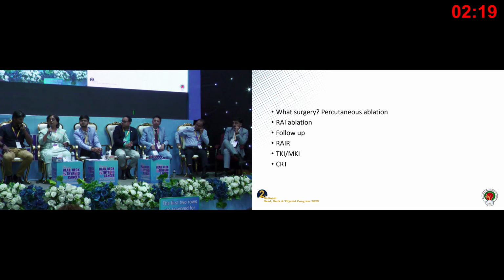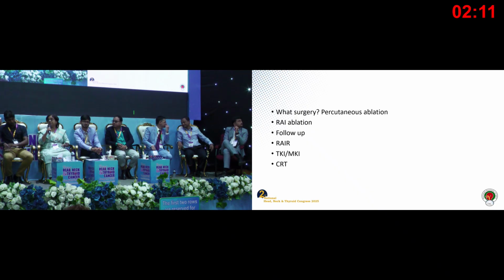RAS, or RET. Yes, RAS and RET. BRAF and others. BRAF positive papillary thyroid carcinoma definitely has a worse outcome. But otherwise, there is not a single other molecular test that can tell you which one will recur.